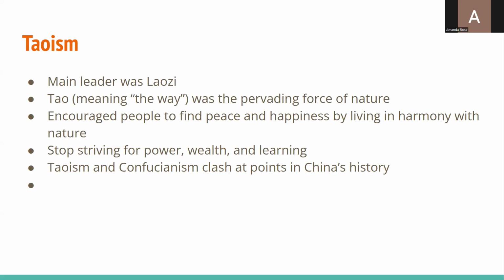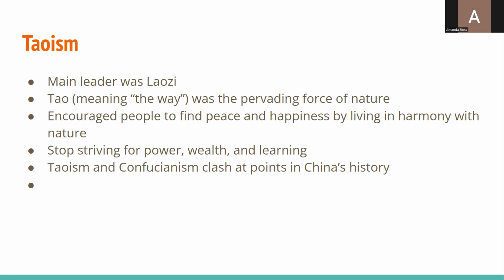Now let's just touch on the surface of Taoism. This is second in importance to the teachings of Confucius. According to Chinese legend, Lao Tzu taught that Tao, meaning the way, was the pervading force in nature.